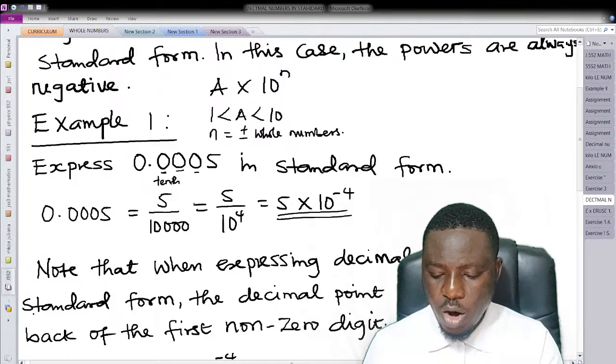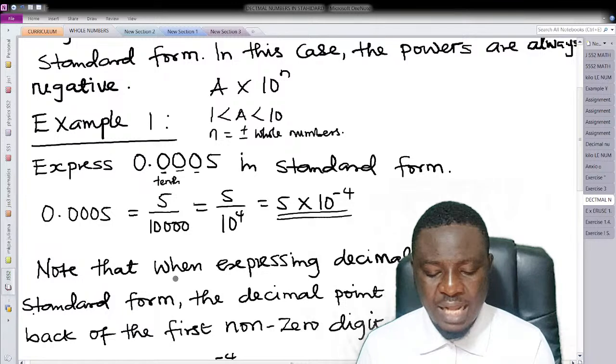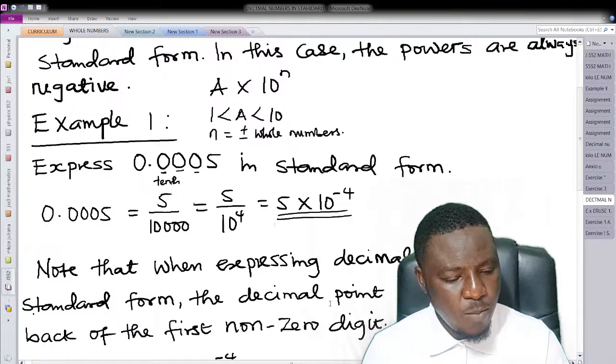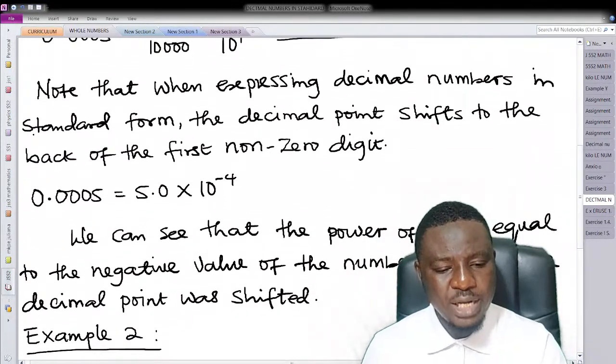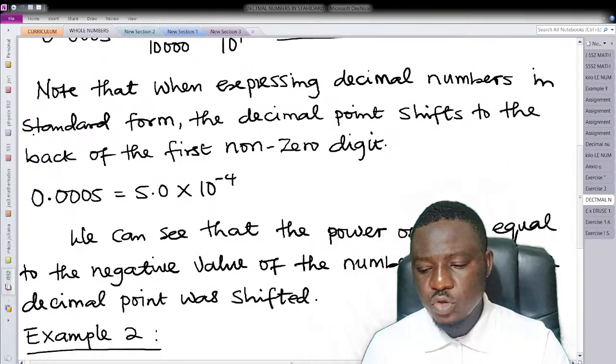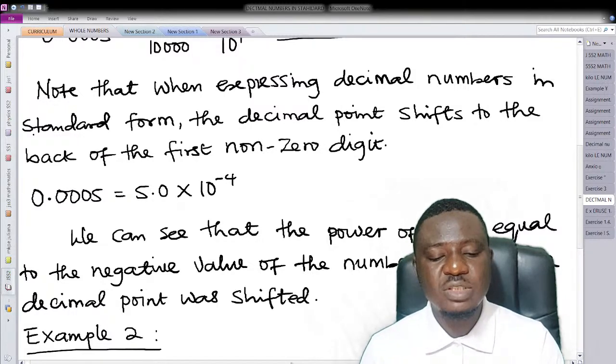Also, we say that note that when expressing decimal numbers in standard form, the decimal point shifts to the back of the first non-zero digit.